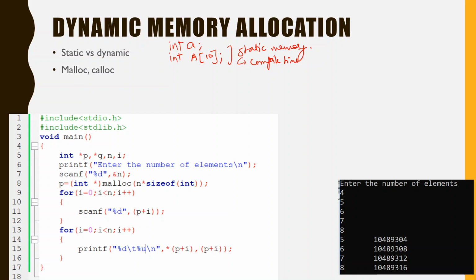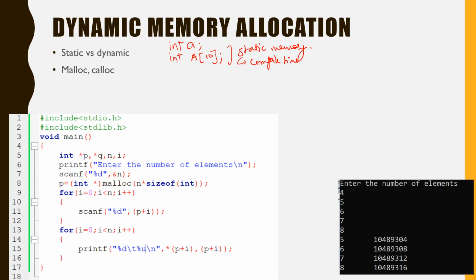This makes it easier for the program to have the already defined variables, but there is a prime disadvantage associated with static memory allocation. Even if you are not using all the space that you have allocated, the space is kept allocated.